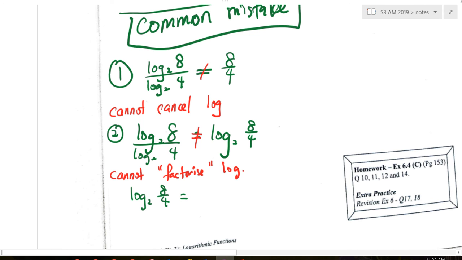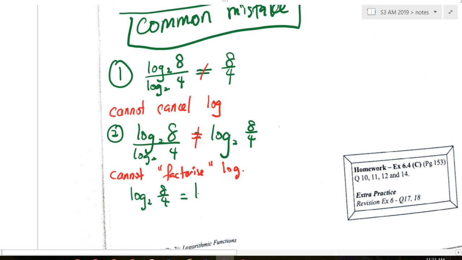But when I say apply the law, what exactly can I apply? Can I split this? Actually, yes, right? So I split this, it becomes what? Log base 2 of 8 minus log base 2 of 4.